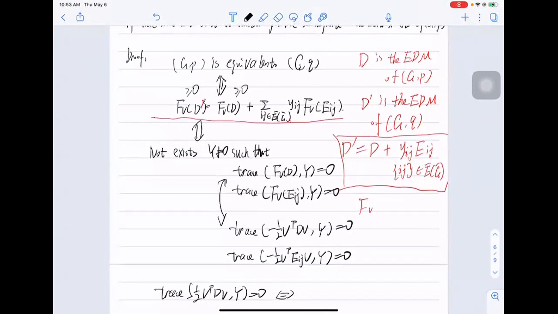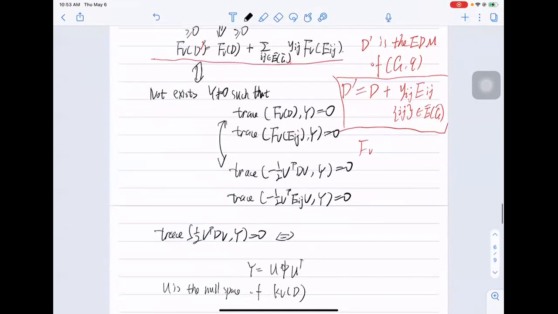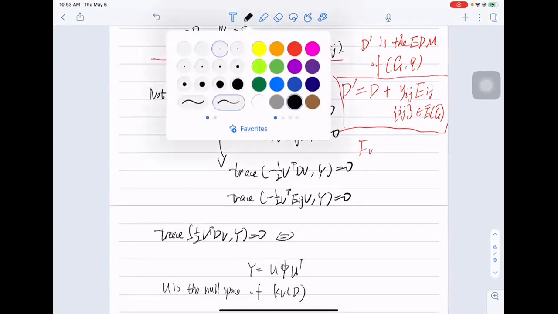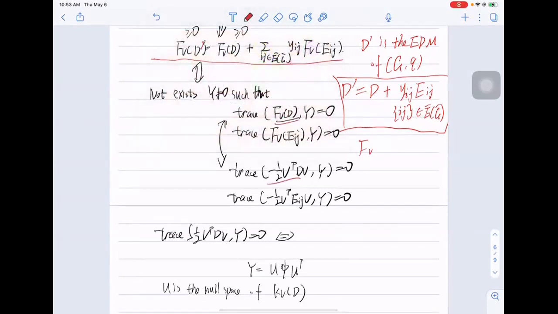that is non-zero, such that trace of FVD Y is 0 and trace of FVEIG Y is 0, and trace of 1/2, and this one is just this, and FVEIG is just this.